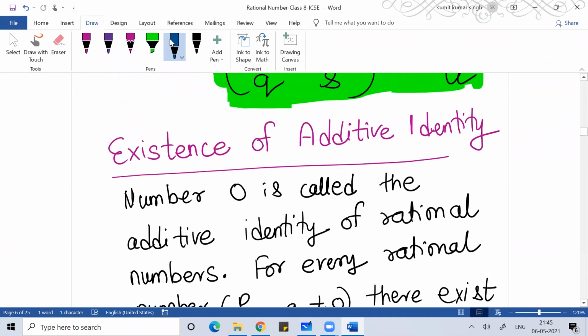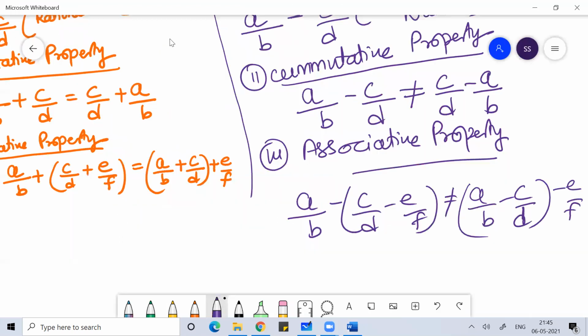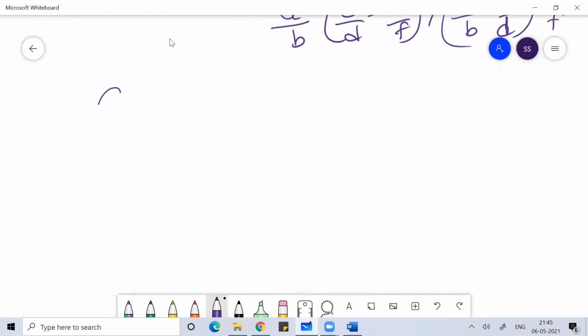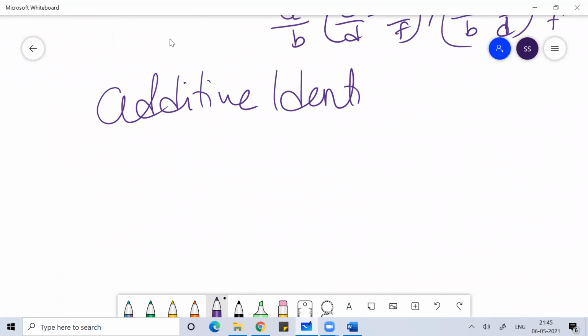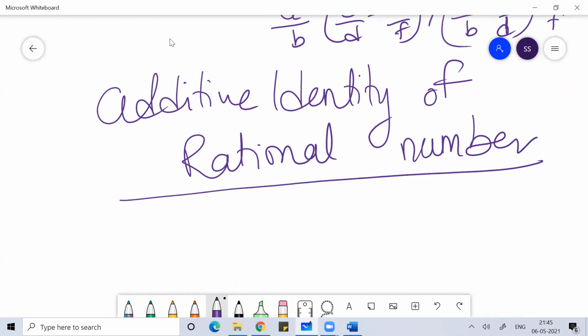Then there's a term called additive identity. The number zero is called the additive identity of a rational number. What do we mean by that?